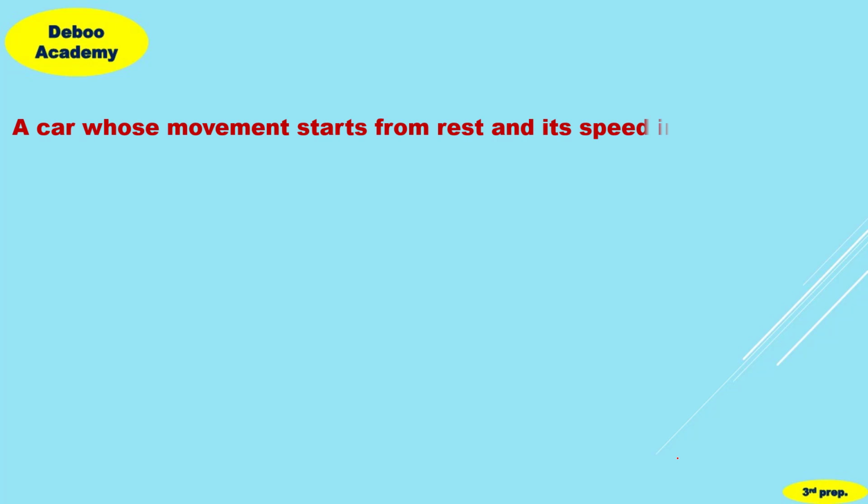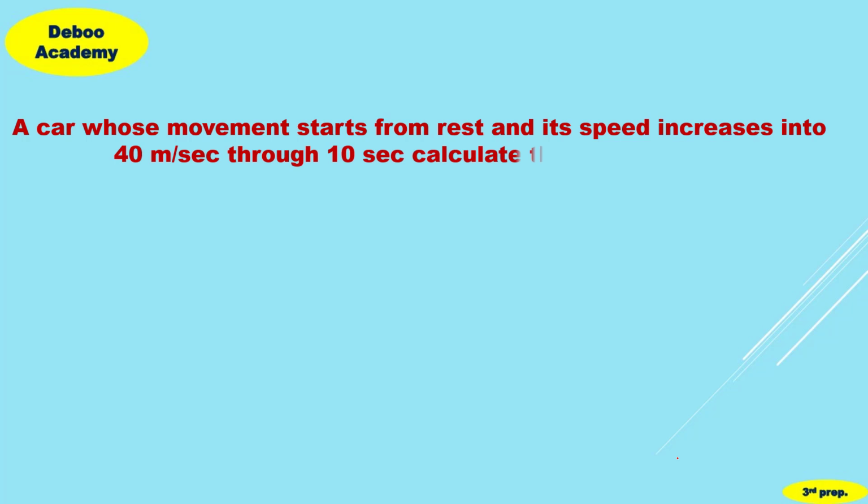A car whose movement starts from rest and its speed increases to 40 meters per second through 10 seconds. Calculate the acceleration. When we see that the body starts moving from rest, this means that V1, the initial speed, equals 0.